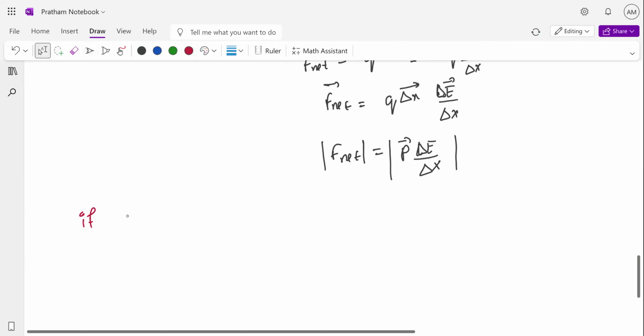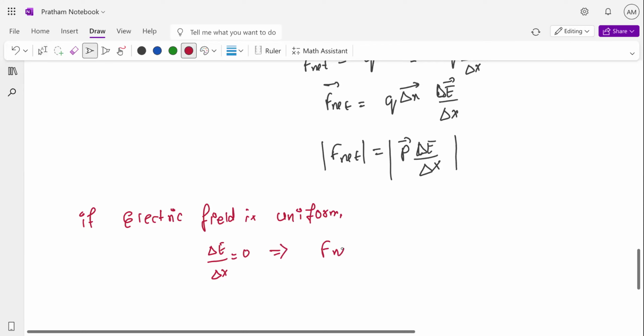If the electric field is uniform, then it is a very simple idea: delta E by delta X will come up as zero, which results in F net being zero. Make sense? Yes. Fine.